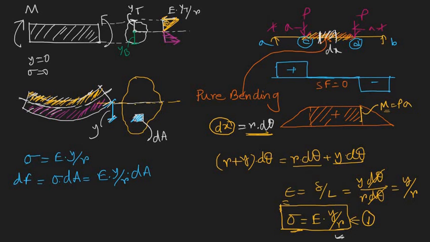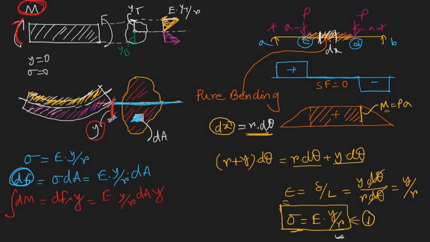Now what is the moment about the neutral axis due to the force acting on this element? You can simply calculate the moment by multiplying dF with the distance y. This gives E times y by R times dA times y. Now if we integrate this moment over the whole section, it must equal the external moment M, because there is no other moment.